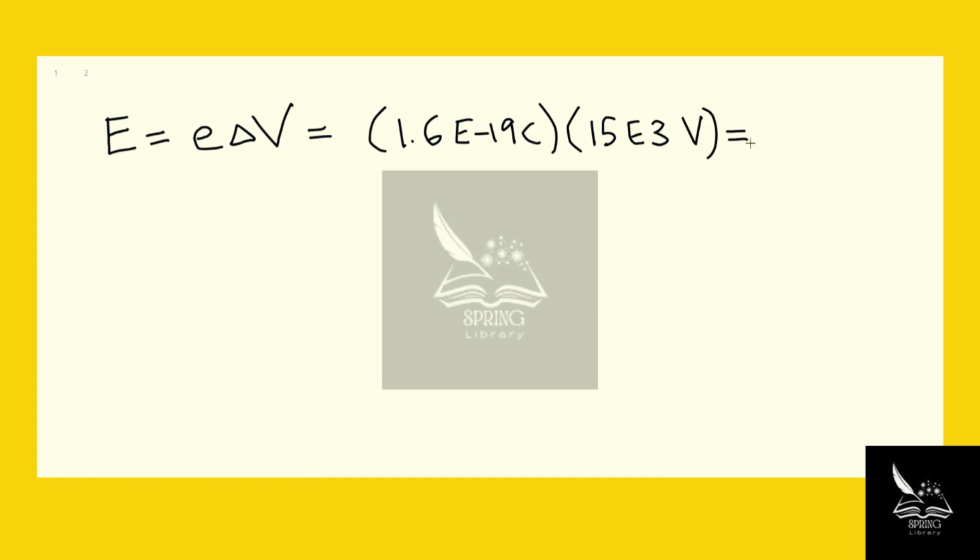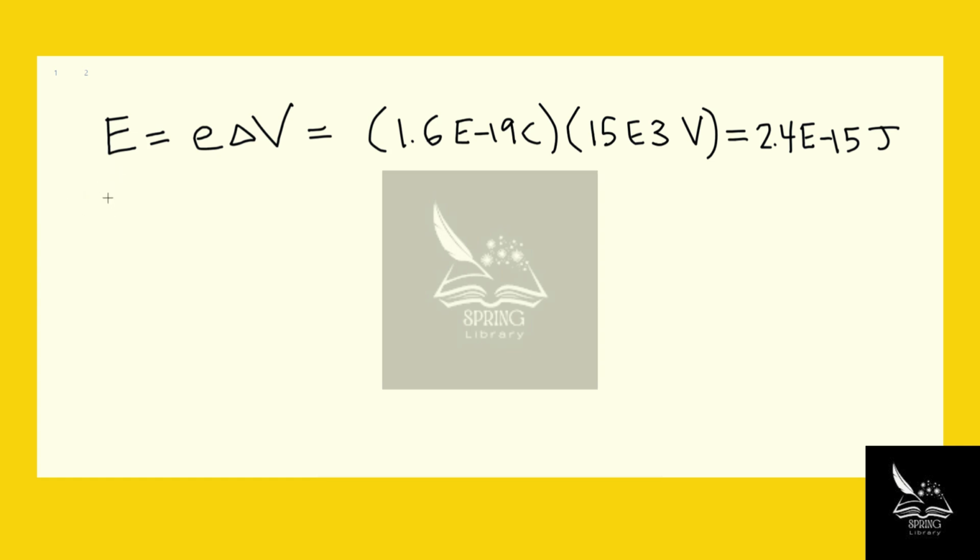And this will give us a result of 2.4e-15 joules. You can confirm that this number of joules is also equivalent to 15 kiloelectron volts, and I'll leave it up to you to determine why that is the case.